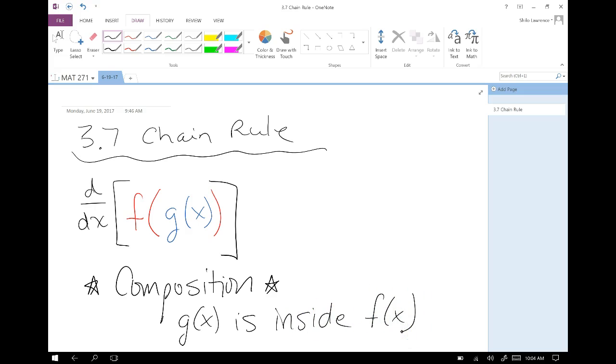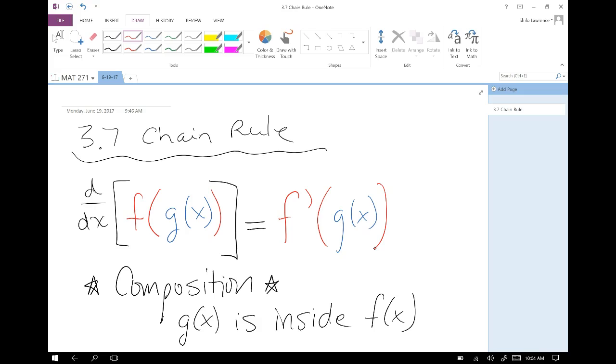So the way that we do these derivatives is we always start with the derivative of the outside operation. So we're going to take the derivative of the f function, and we're going to leave g alone. So we're going to say this is f prime with original g.